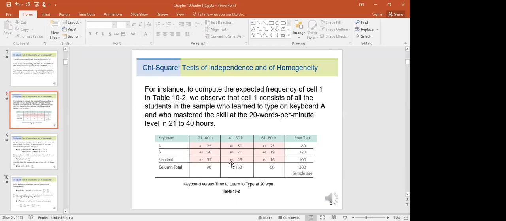Let's look at cell number 8. What number do we see there? 49. Do row times column divided by total. What do you get?